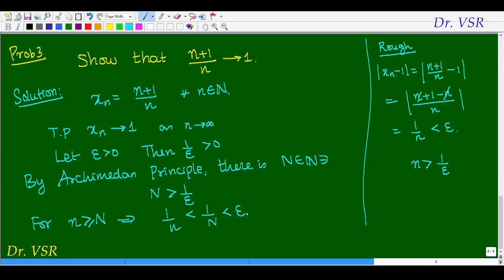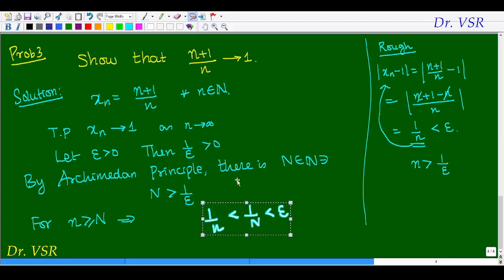Okay, but what is that 1 by n? In the rough calculation, this 1 by n is equal to this guy, which is nothing but modulus of x_n minus 1.